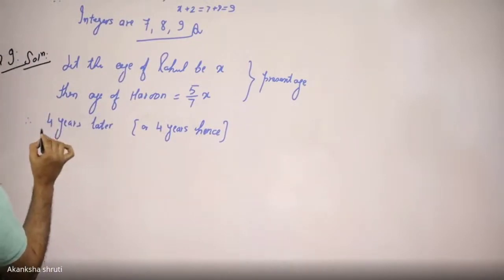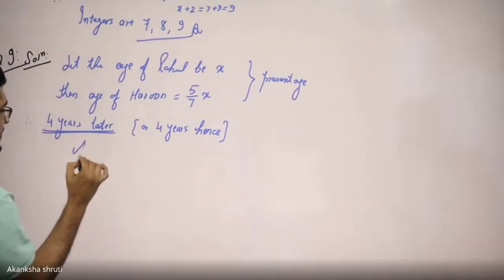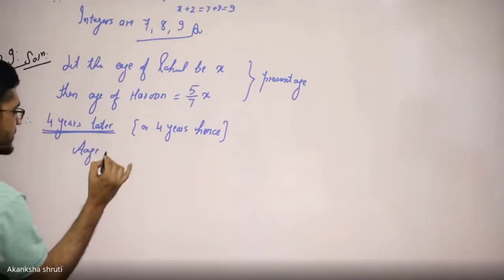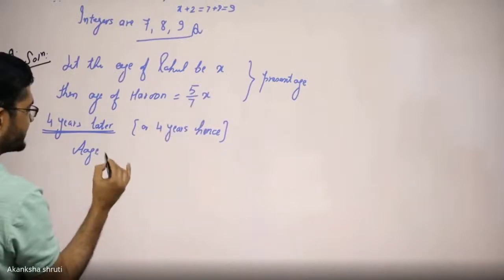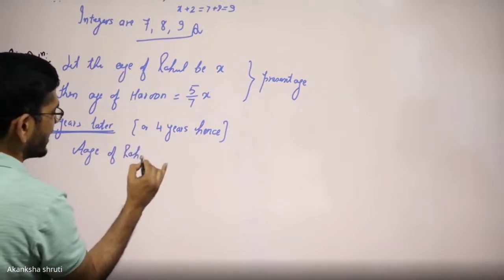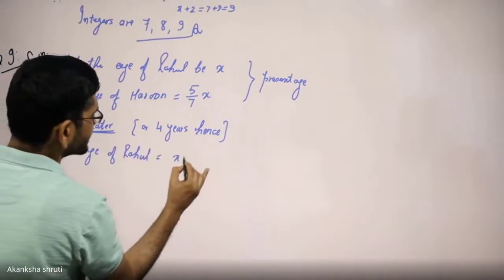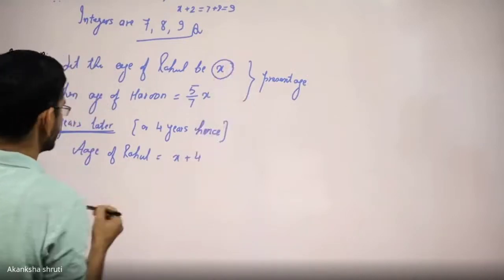So after 4 years, the age of Rahul will be whatever this x is, that will get added with the 4. So the age of Rahul becomes x plus 4.